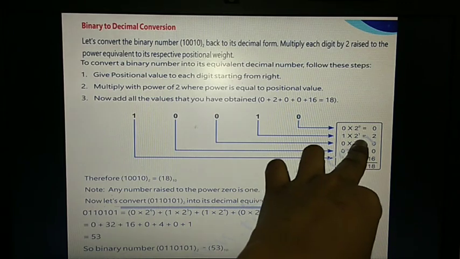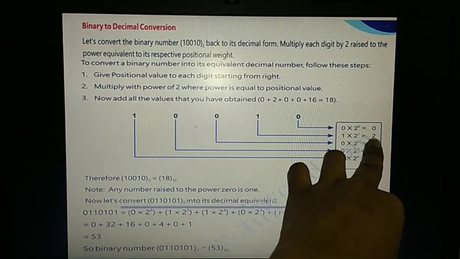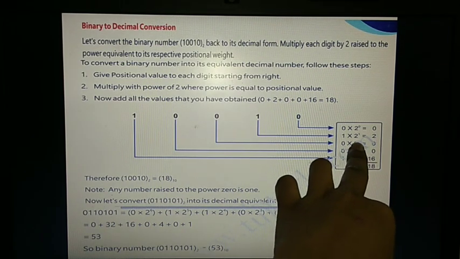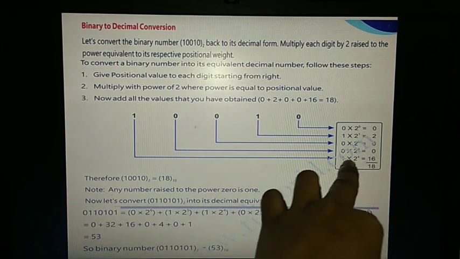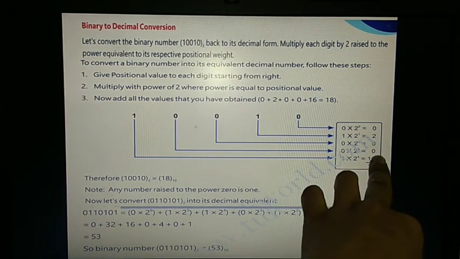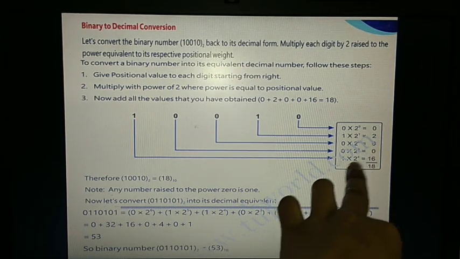Then 2 into 1 is 2. Then 0, then again 0. Now 2 raised to 4 into 1.